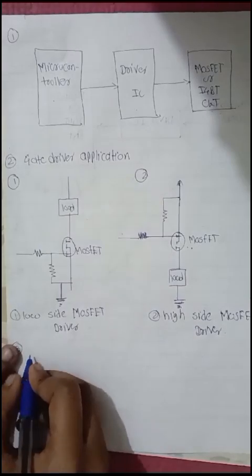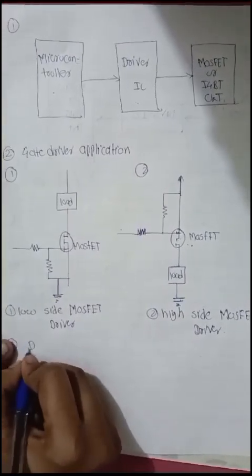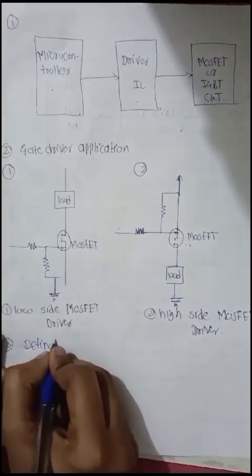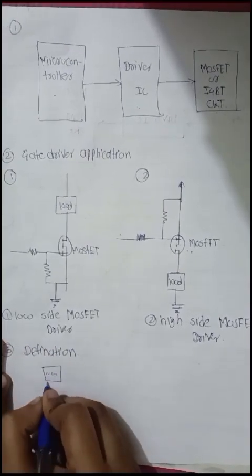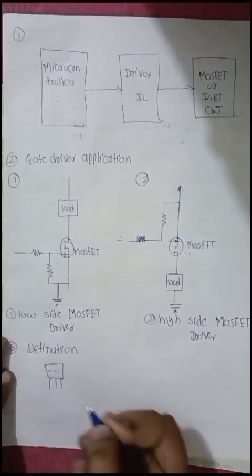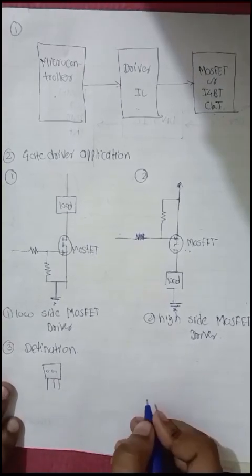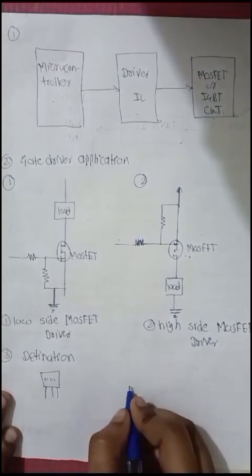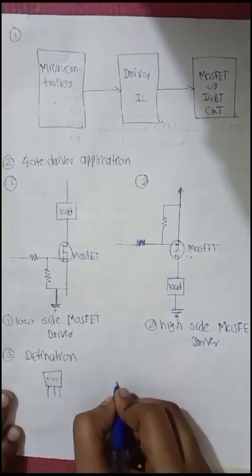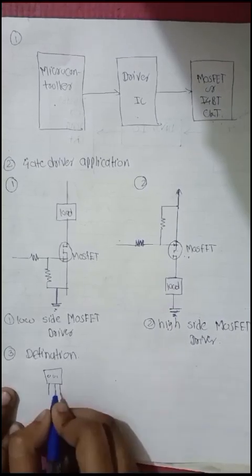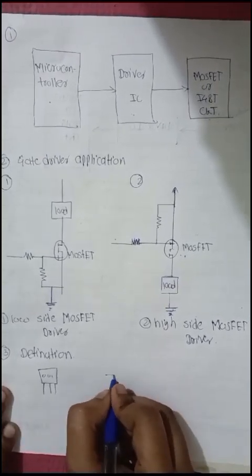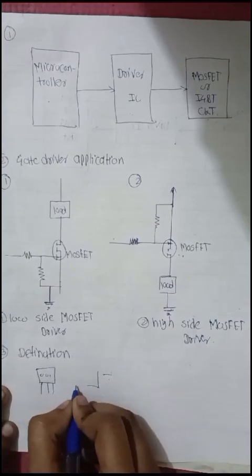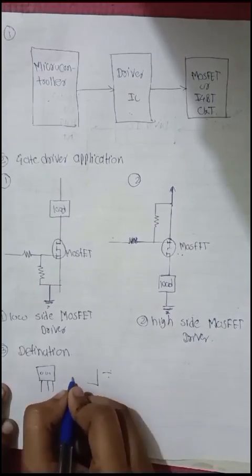Next we will discuss the definition of a gate driver. A gate driver is a circuit which accepts a low power input from the controller and produces the output to drive the gate of a device like a MOSFET or IGBT. This is the diagram of a MOSFET.